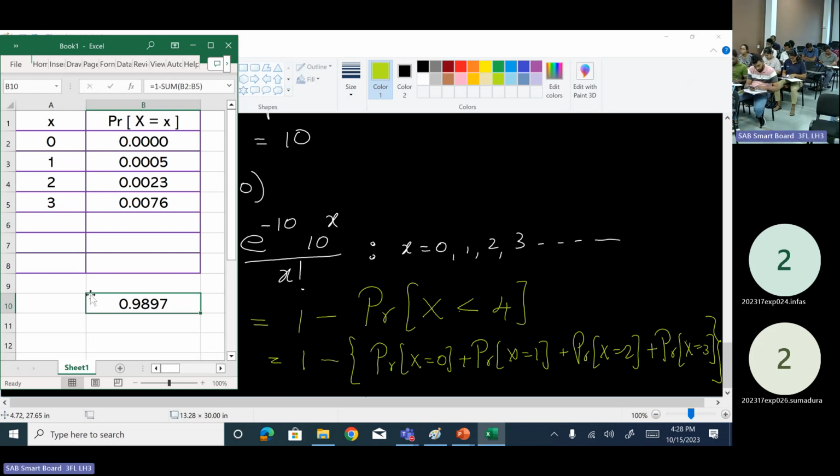When you calculate, sometimes you get 2 point something, but times 10 to the power of -4 or -5. So accordingly, you have to shift the decimal. First 4 digits you take.